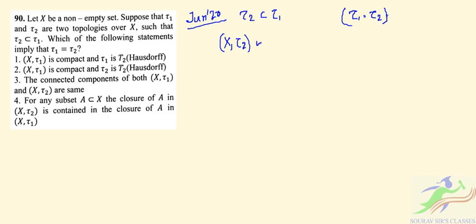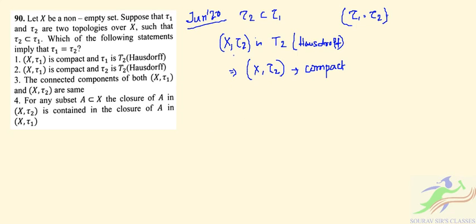and (X, tau 2) is T2, the Hausdorff space. So (X, tau 2) is compact. Now we know that every compact Hausdorff space is normal.